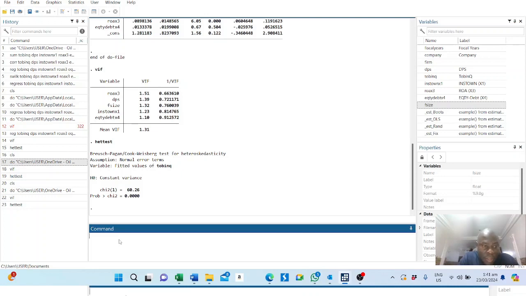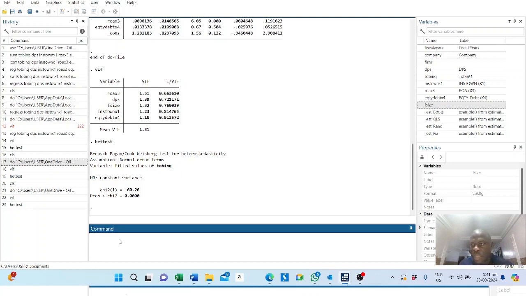Now the chi-square at 1 degree of freedom is 60, and the p-value is highly statistically significant. For us to conclude that our model does not have a heteroskedasticity issue, the p-value must not be significant.